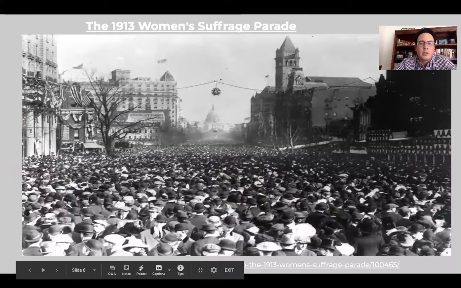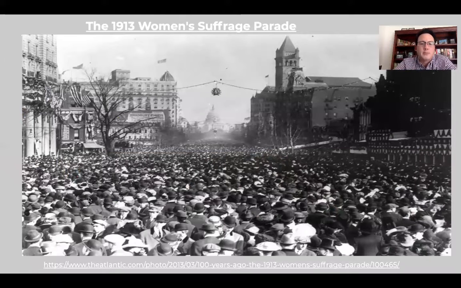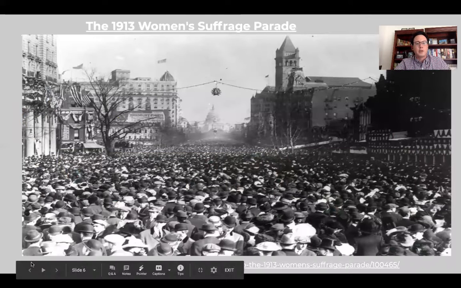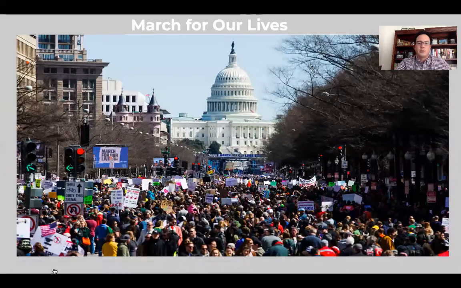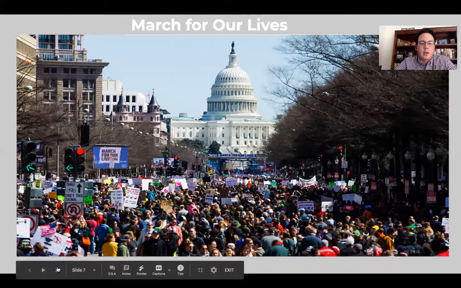And here you see people as far as the eye can see advocating for women's suffrage, taking their movement to the street and being actionable in their civic work. And then you see the same thing today with young people organizing marches, like the March for Our Lives in DC, around gun violence and for changes to gun laws.